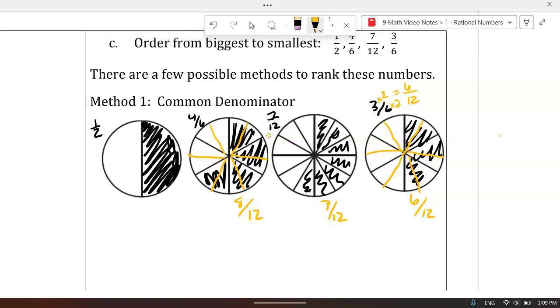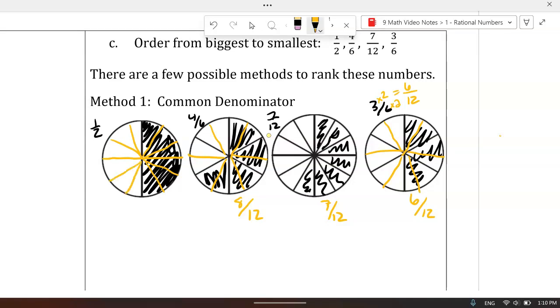Now, I have this cut into halves. What I actually want to do is cut it into 12. So I'm just going to copy the pattern here. I notice that from 3 o'clock to 6 o'clock, so 1/4 of the circle, I have 3. So I'm going to cut this into 3, this into 3, this into 3, and this into 3.